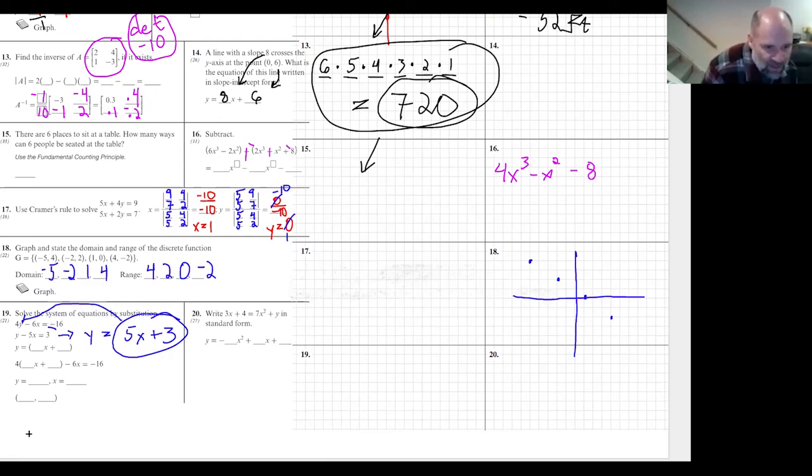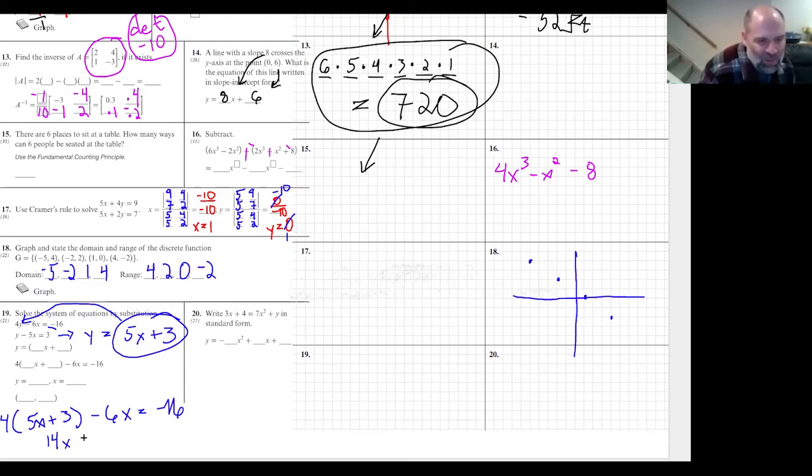So that's what I'm gonna do. 4 times 5x plus 3, minus 6x equals negative 16. Multiply that out, 20x, and then you end up with 14x.